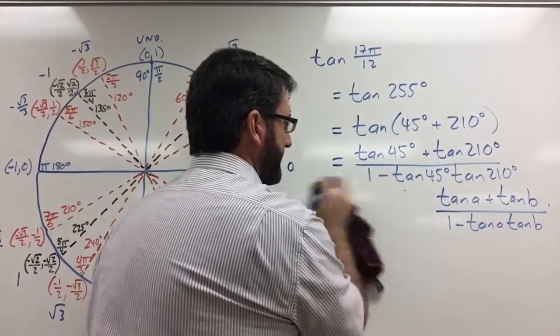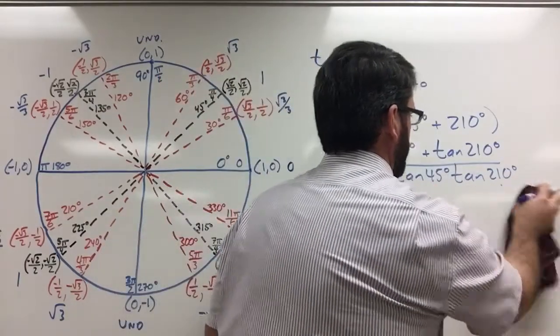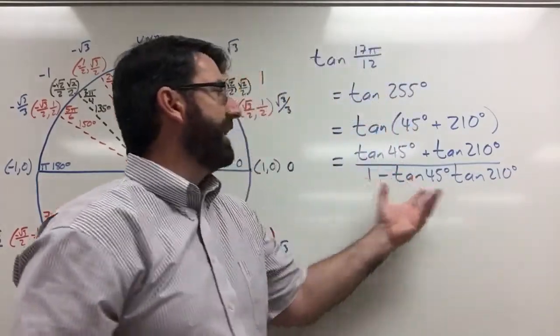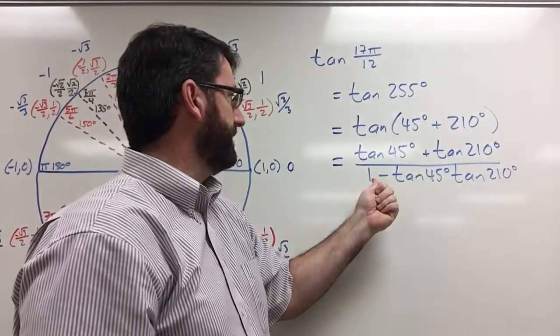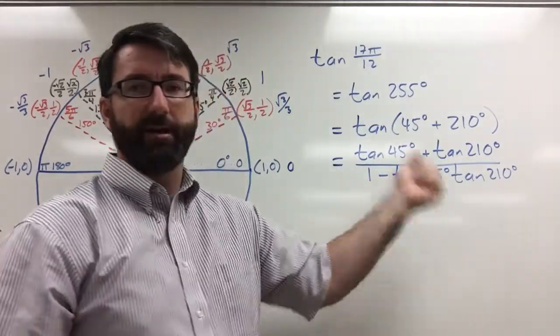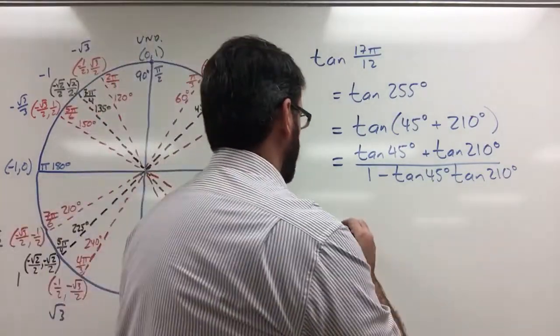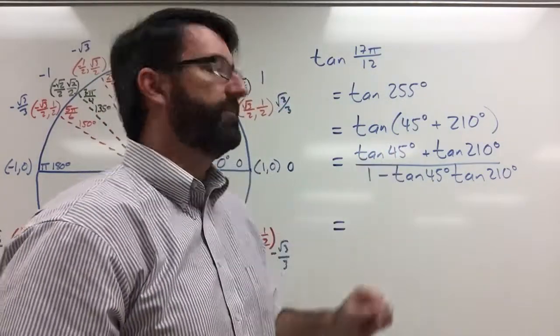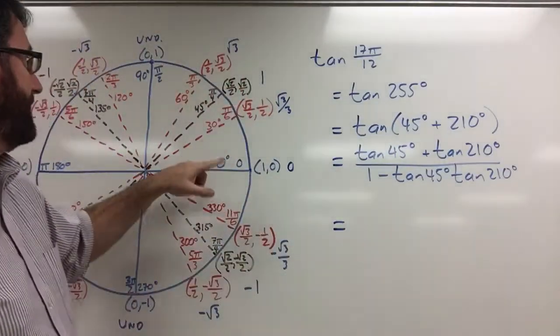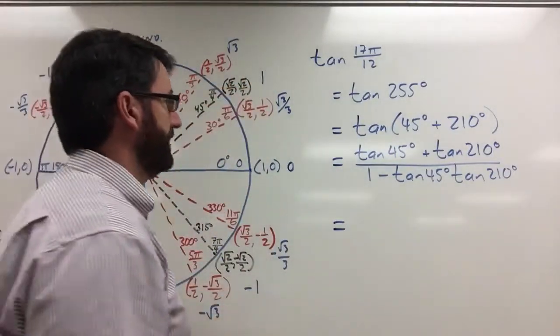Now we can erase this identity. And now we've got something that is in terms of only angles that are on the unit circle. So the tangent of 45 degrees, that is right here, it's going to be 1.